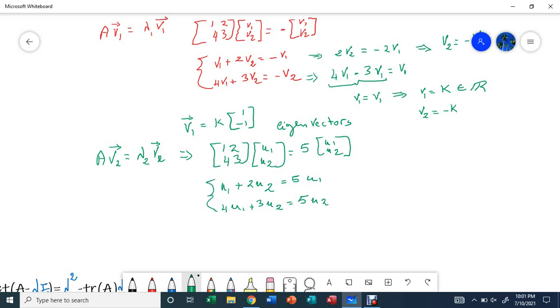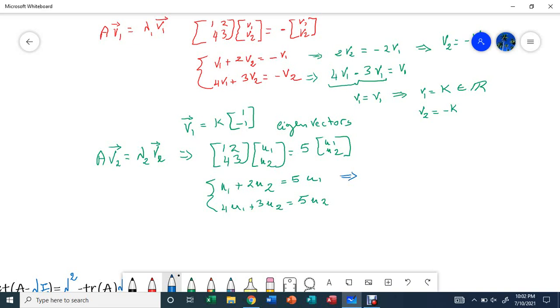Same thing, a system of two equations with two variables. Let's solve for one variable in the first equation and substitute it into the next equation.